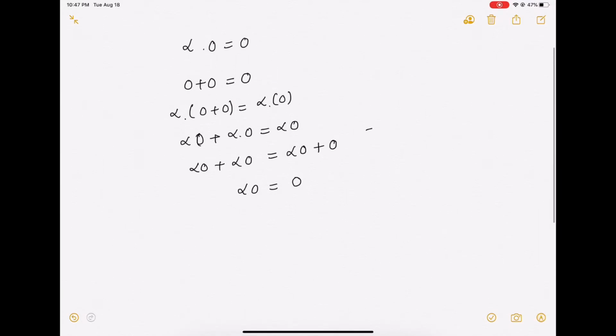Here I am using identity property. And here we make use of cancellation law.